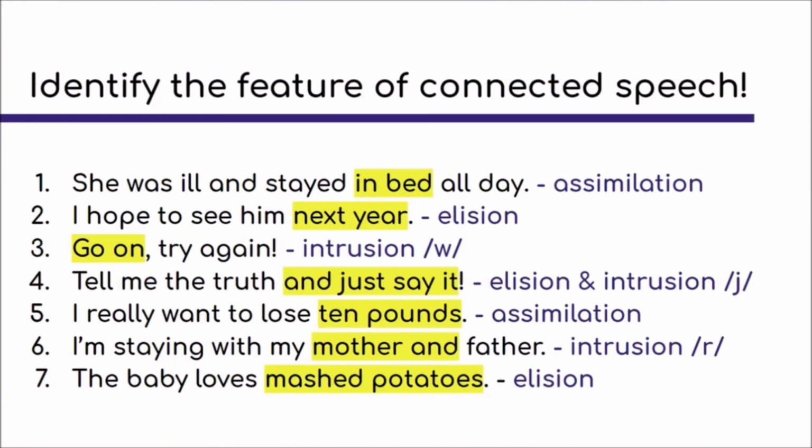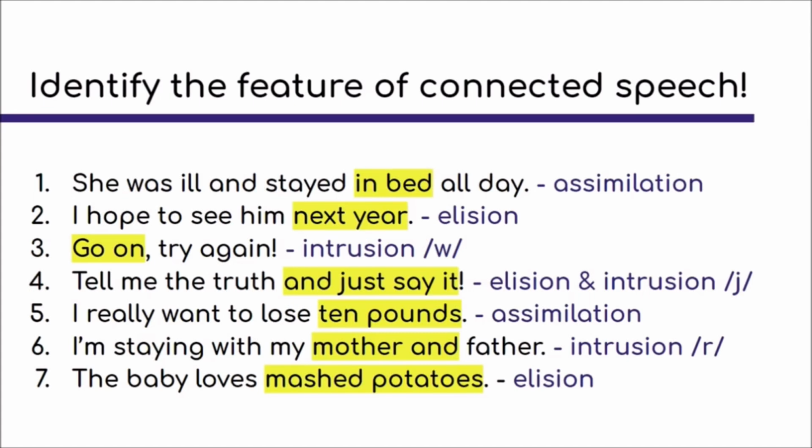Number 6, I'm staying with my mother and father, and there was intrusion here, an r appearing between mother and and. That is because I am a non-rhotic speaker, so I would usually just say mother. There's no r for me at the end, but when it's followed by a vowel, I say mother r and.